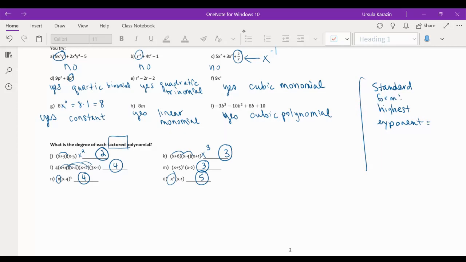The highest exponent will equal your degree. And when it's in factored form, you count the number of x's, including multiples if there's an exponent.